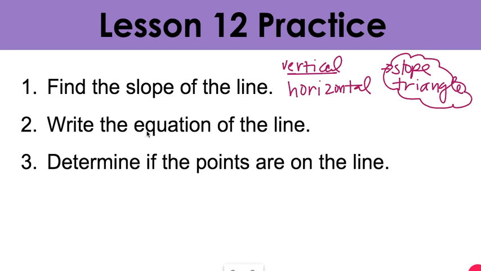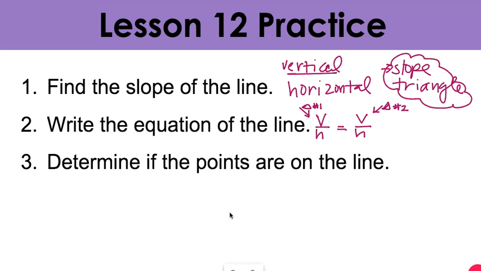Number 2, write the equation of the line. So that's where you're going to take the vertical over the horizontal of triangle number 1, and make it equal to vertical over horizontal of triangle number 2. And then the third thing is we're going to determine if the points are on the line.